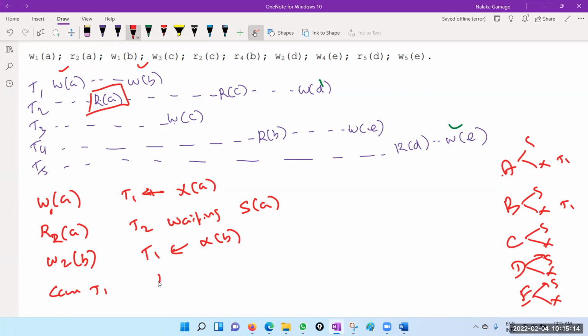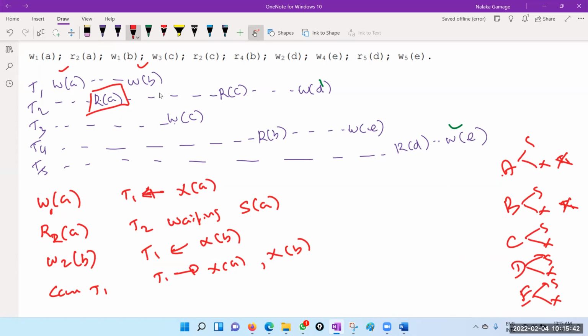So transaction 1 releases exclusive A and exclusive B. You have to mention what notation you are using. I'm just using release, or you can write release, acquire. Now both can be released, and that is the end of this step.